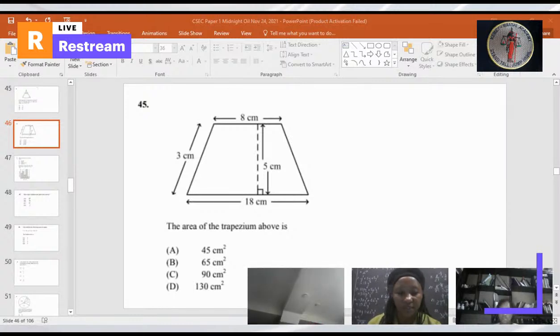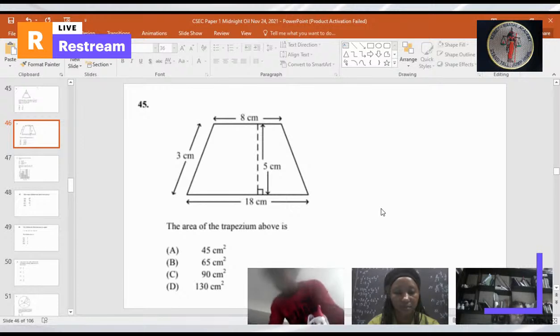Imani, do that question on the screen, please. Okay, miss. Area of a trapezium, number 45. The area of the trapezium above is. Okay, miss. The formula for the trapezium is half (A plus B) times height.